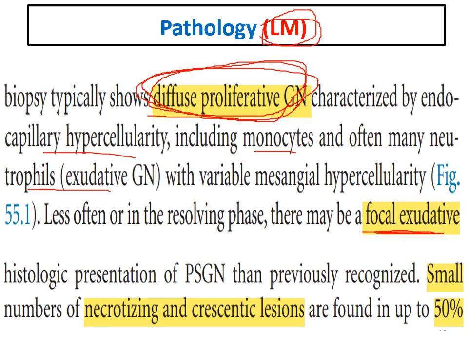A small number of crescents and necrosis can also be found, in 50%, but a small number, not large areas. So the most important is the diffuse proliferative pattern.